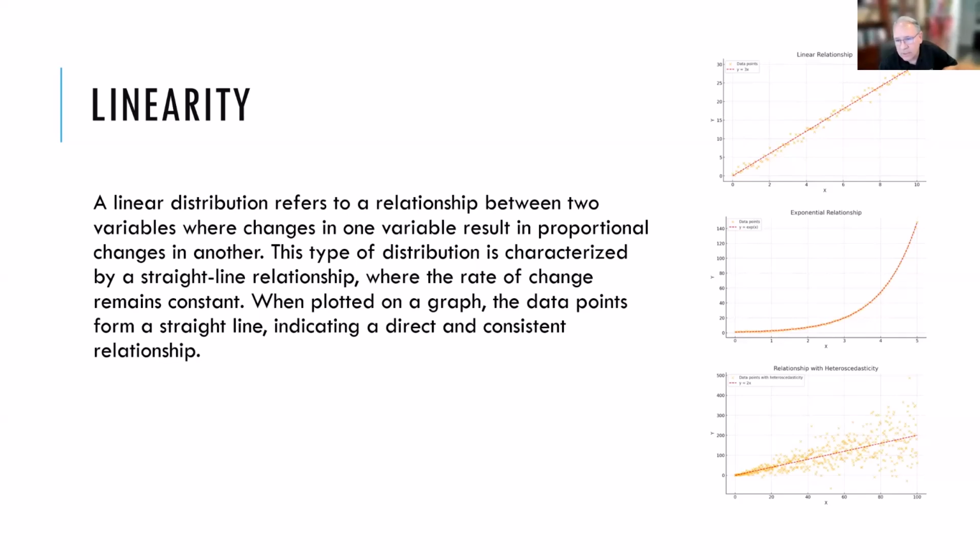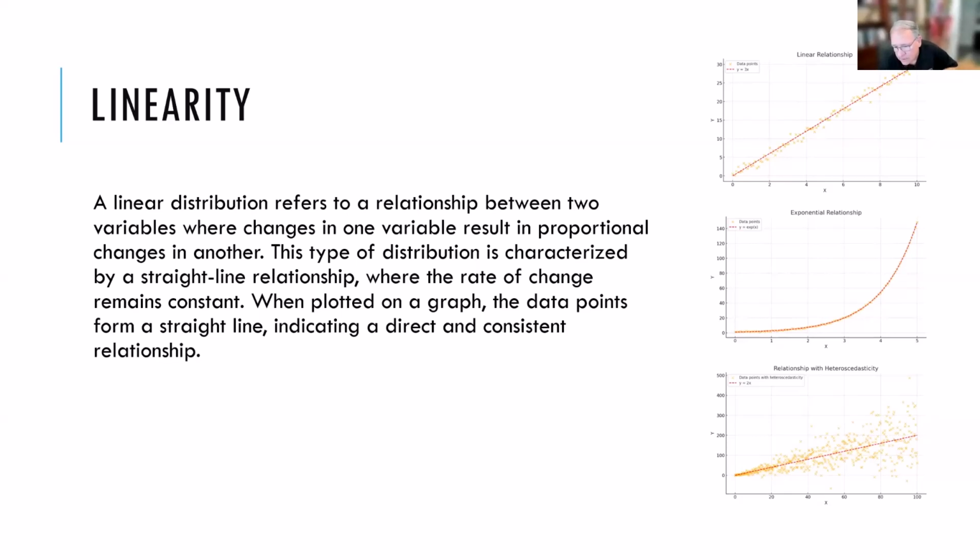The equation here is y equals 3x. And your precision on that is how close those data points are to the line. In the middle graph, you have an exponential relationship, so you have to use some additional math to be predictive.